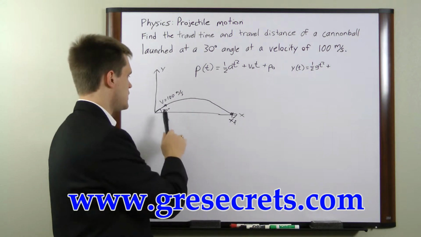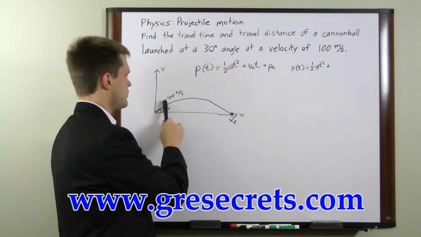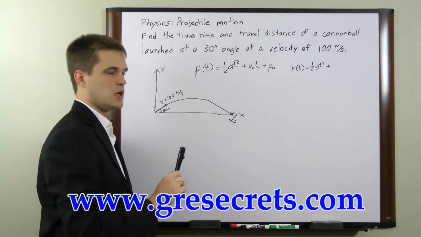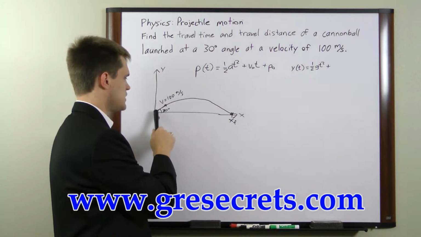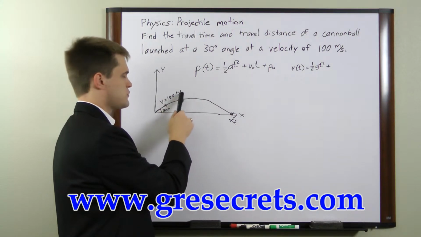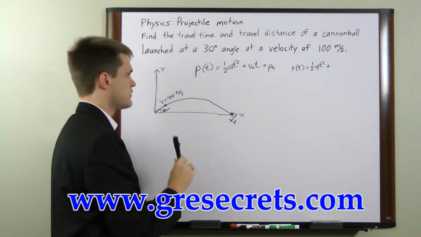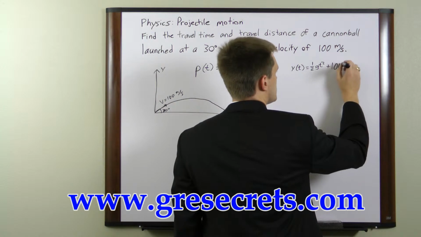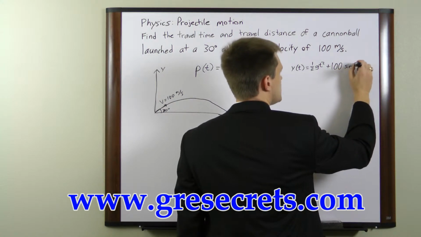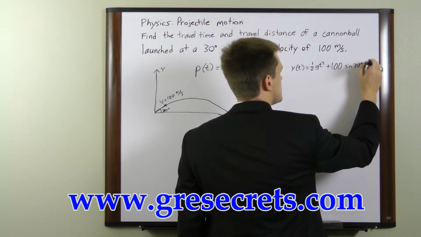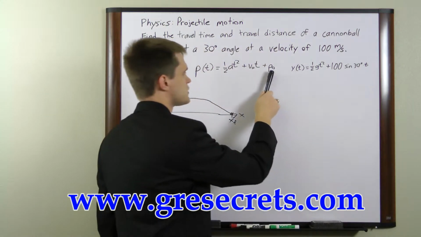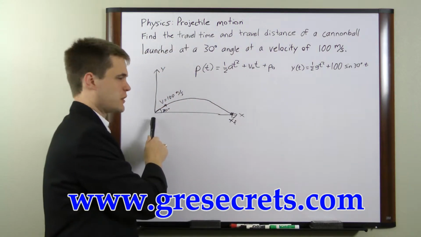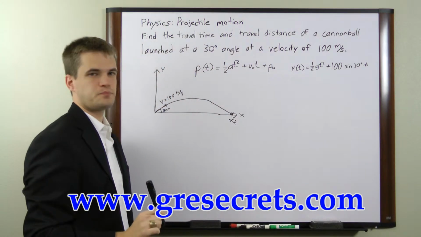So we need to find the y component of this velocity. And so the y component of this velocity is going to be 100 meters per second times the sine of 30 degrees. So we have 100 times the sine of 30 degrees times t. And the initial y position is 0 because it starts at the origin.